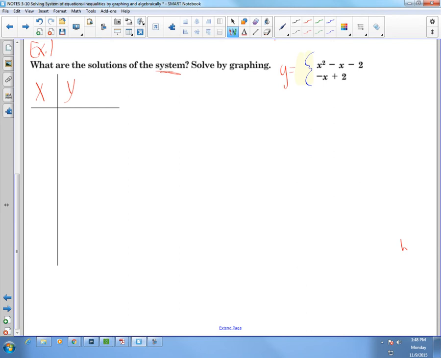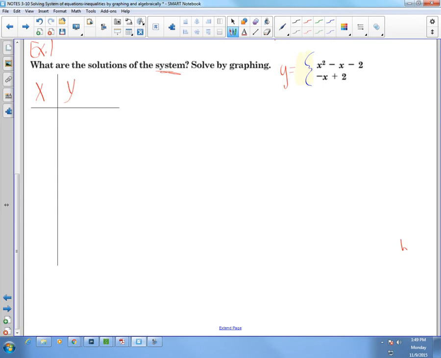It'd be concave, because it's a quadratic, so it looks like a parabola, a U. What does the second equation look like? It's linear. It's to the first power, so it is a line. So a solution is a point where these two cross, because they are equal to each other when they cross or intersect. So right now we don't really know where that's going to be.